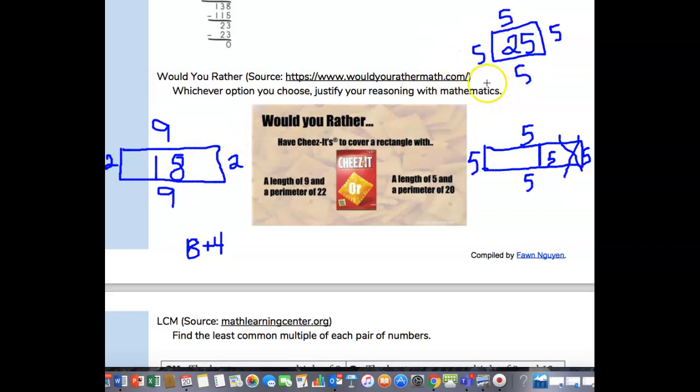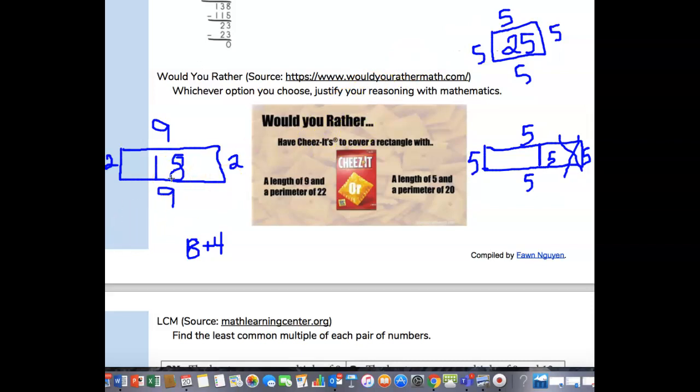So which one would you need more Cheetos to cover? Okay. Now, if you like Cheetos, you would probably pick this one. If you didn't like Cheetos, I guess you would pick this one.